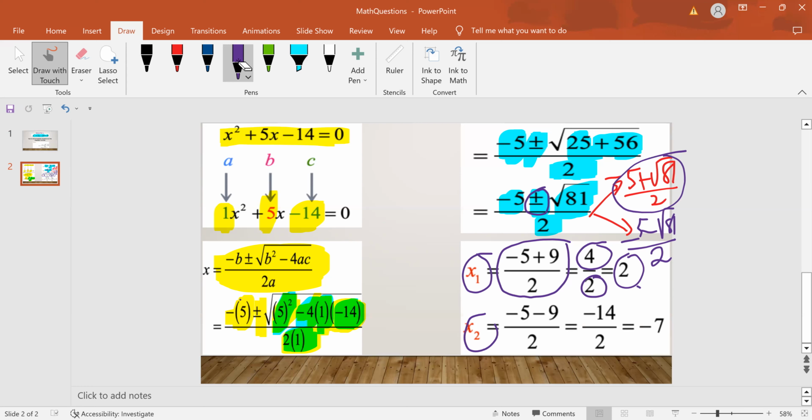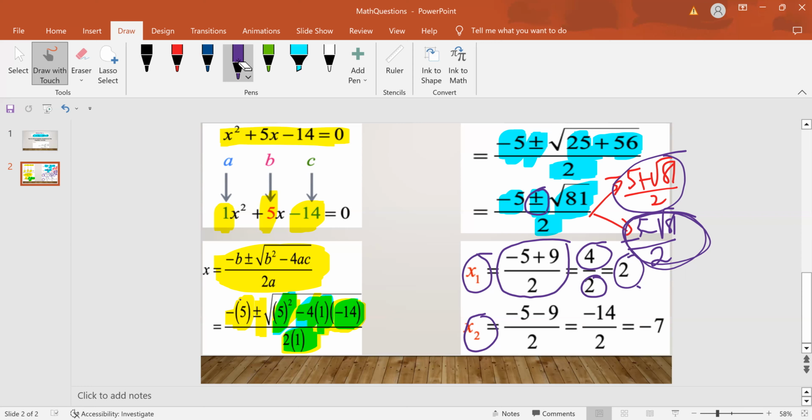Now, for the second solution, you have negative 5 minus 9, divided by 2. Negative 5 minus 9 is not positive. It's still negative because we are combining two negative numbers. We don't multiply these numbers, we combine.